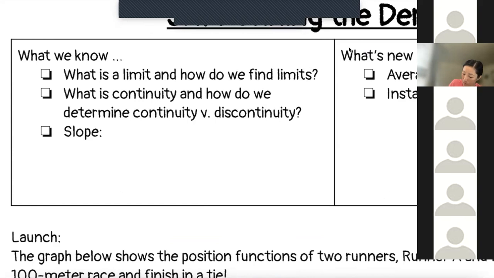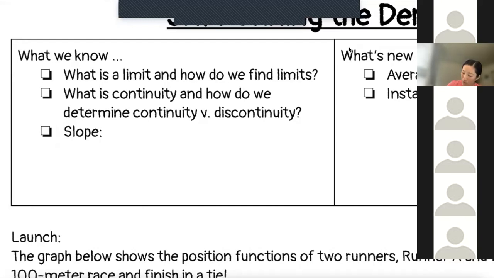We've also talked about this word continuity and how do we know if something is continuous versus discontinuous. I know that was sort of a small piece in the lesson, but it is actually a really important concept because a lot of the times when we're looking for limits, we're actually looking for continuous or discontinuous parts, okay?